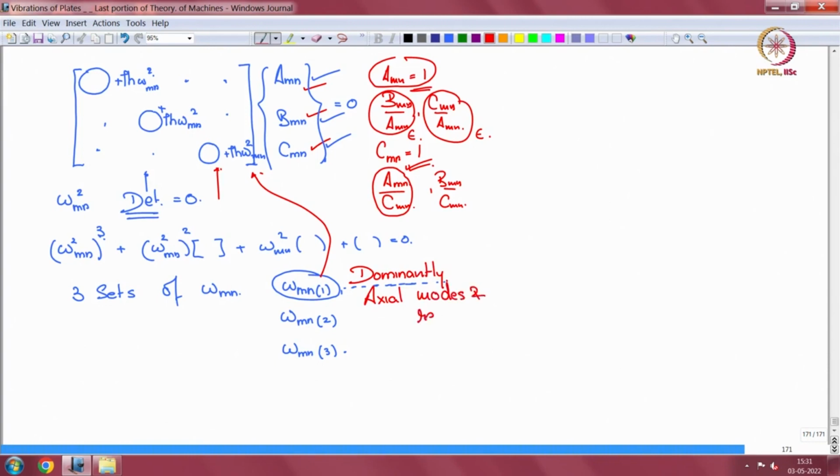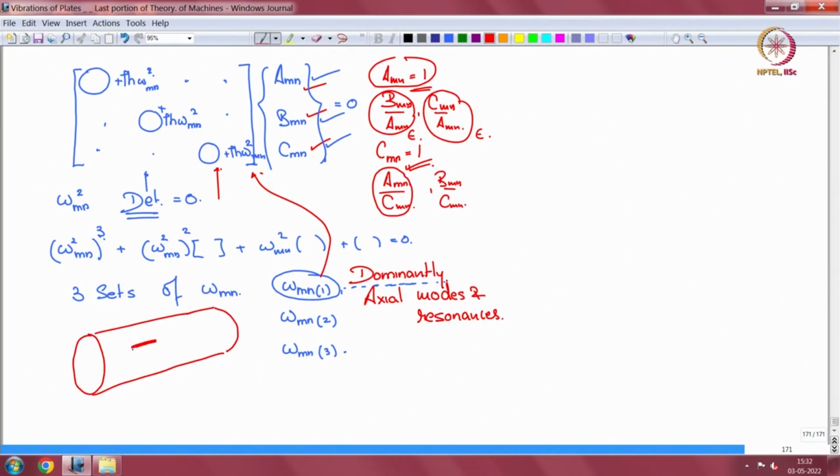So, the omega mn1 set of modes, natural frequencies, describe where a point on the shell is dominantly moving axially.